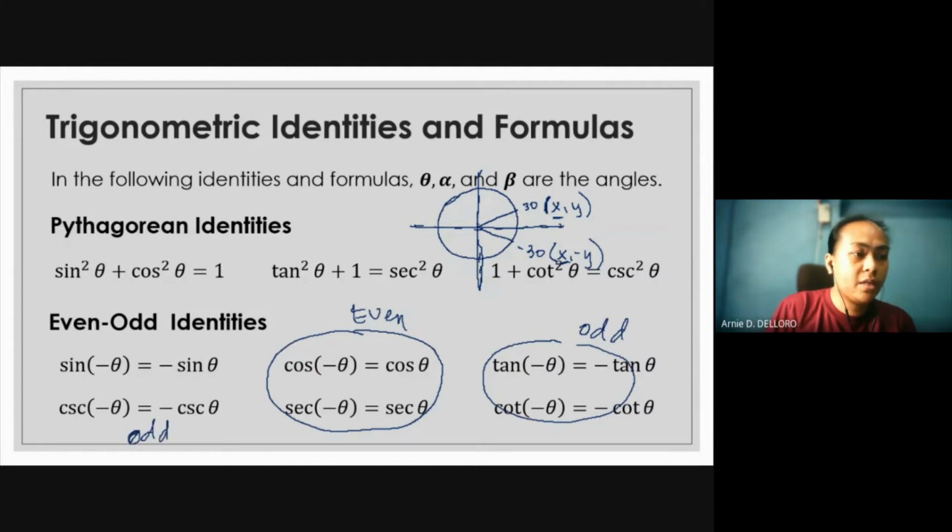Actually, we have made mention of this already when we discussed the properties of circular functions. Diniscuss natin yung graphs of circular functions.